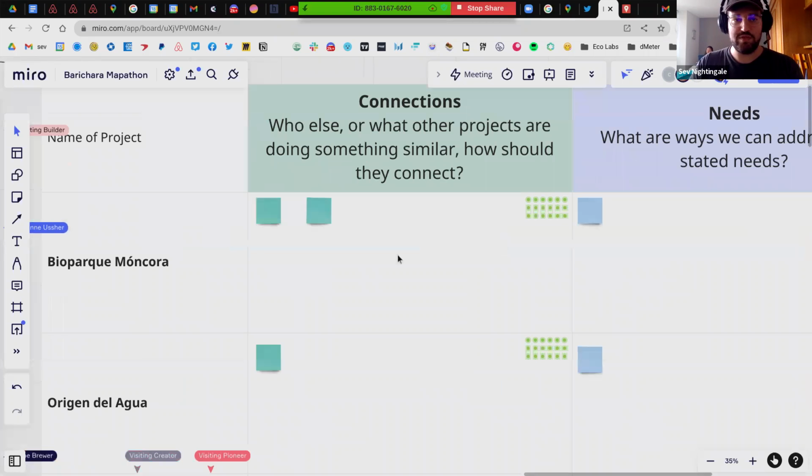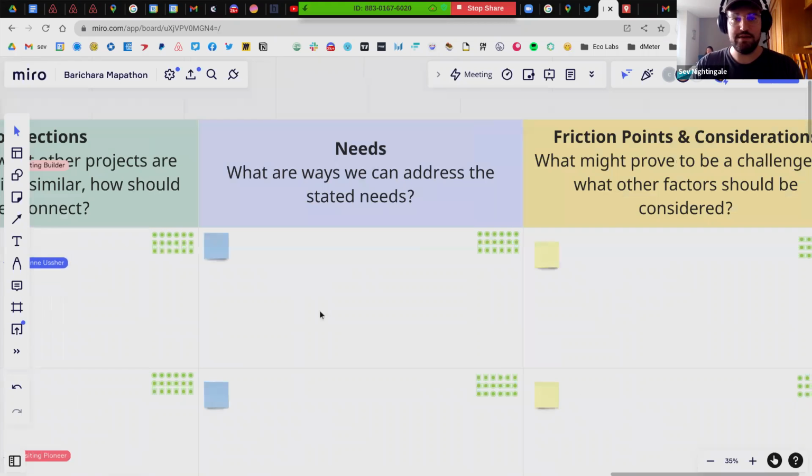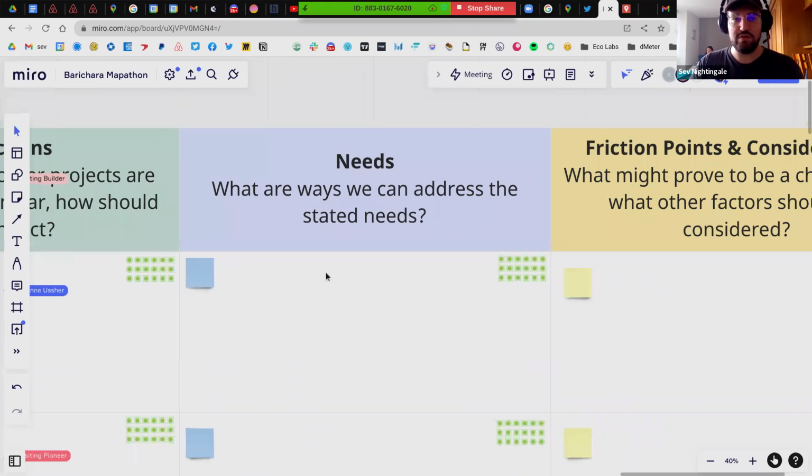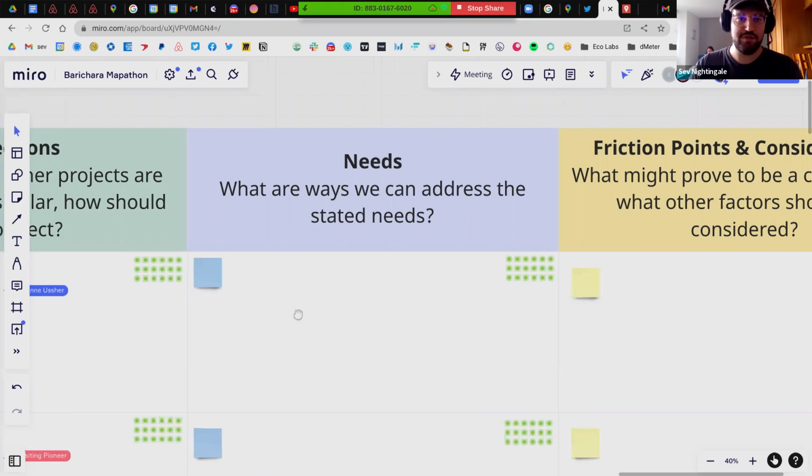Then we'll stay within this project, move over to the next column, and think about needs. Each project has some stated needs, and we as a group can collectively think about how we can address those needs.